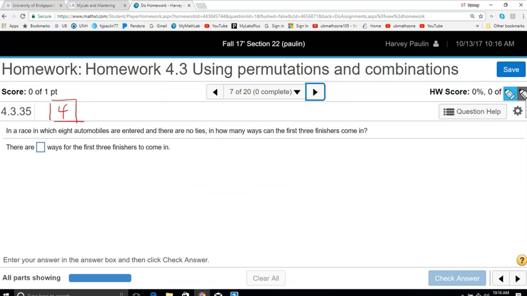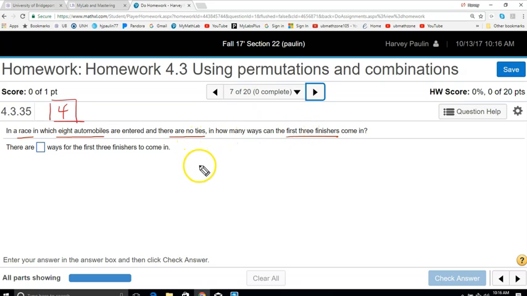Now for number 4, we have a race, 8 cars. There are no ties. How many ways can the first 3 finishers come in? Now, repetitions are not allowed.